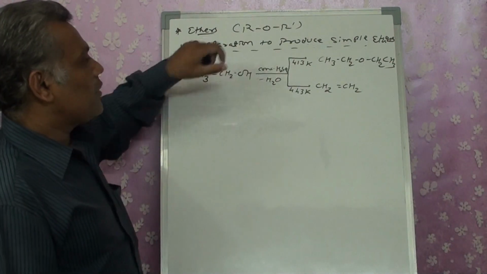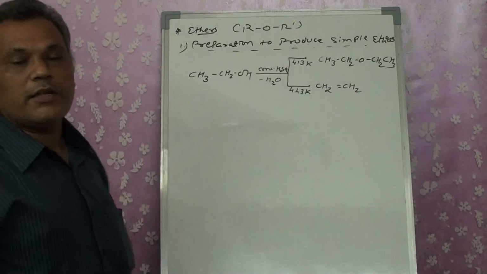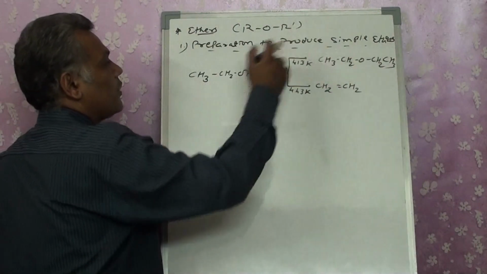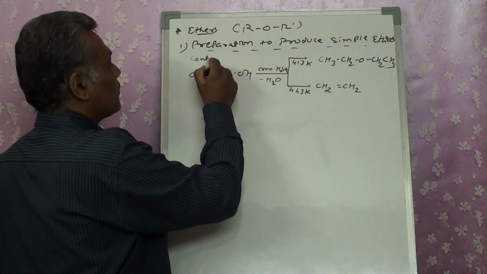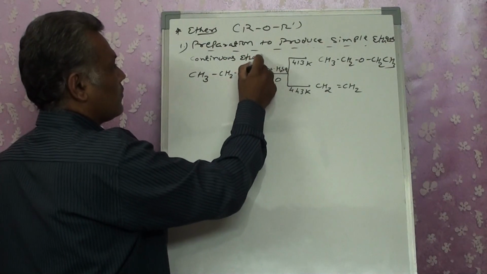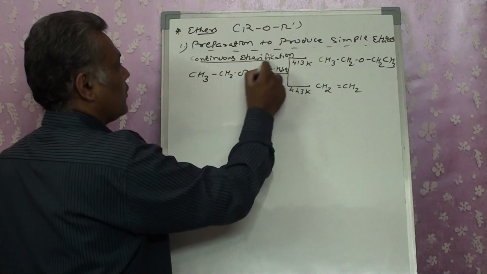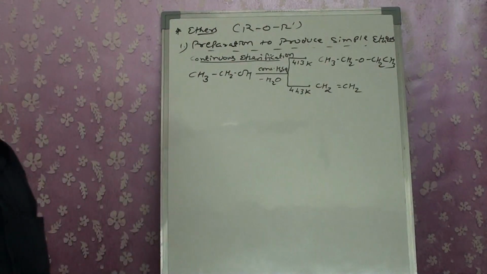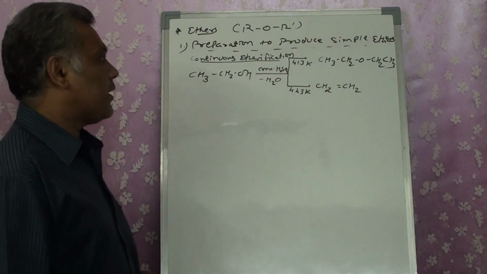Particularly during this reaction, if I keep on adding alcohol, I am going to get ether continuously. So this particular process is known as the continuous etherification process.